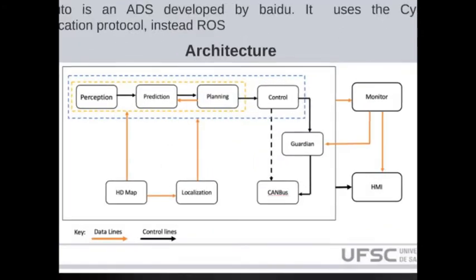The architecture is very similar also. They just have the Guardian, a safety module they have added to the control module, to deliver safer data to the channel, to the CAN bus.